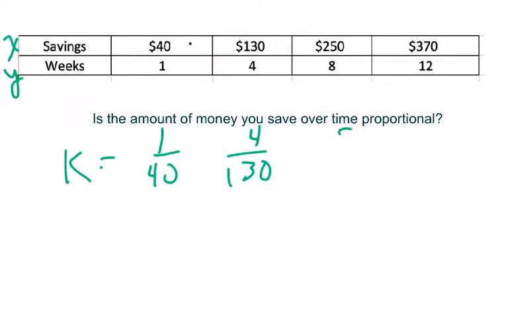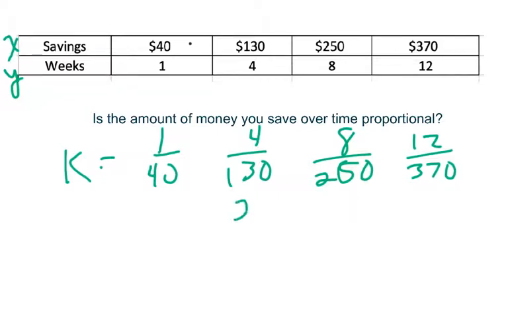The next one gives you 8 over 250. And the last one gives you 12 over 370. Now, you can reduce this one a little bit, which gives you 2 over 65, which if we compare that to 1/40, is not the same.